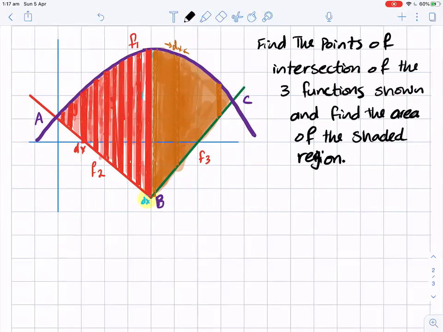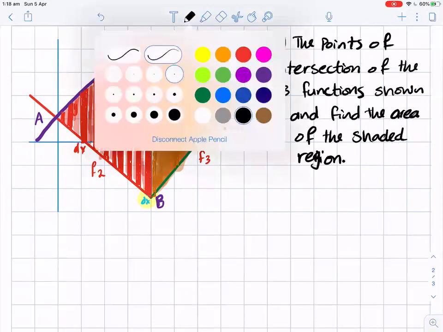I'll just write down the equations for them. They're not very easy ones, but as I said, this is just an example to understand the idea of how to solve.